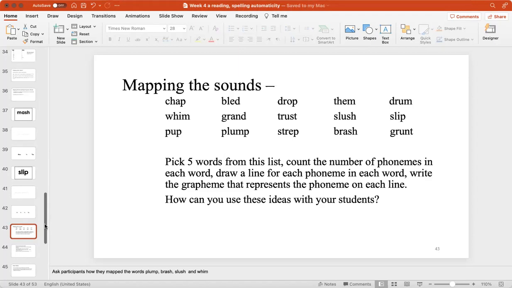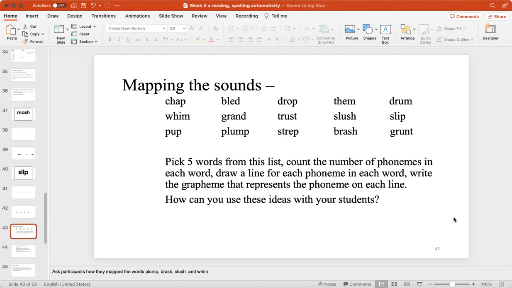So this is what I'd like us to do in the last 5 minutes. I would like you to work with a partner. I would like you to pick 5 words from this list. So I guess you have to take a screenshot of it, or you need to write 5 words down, some from each line.